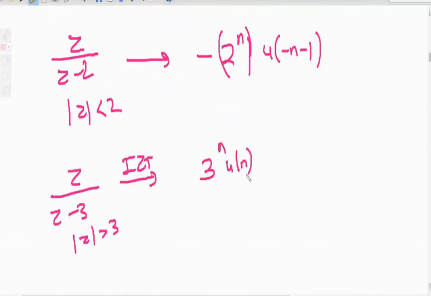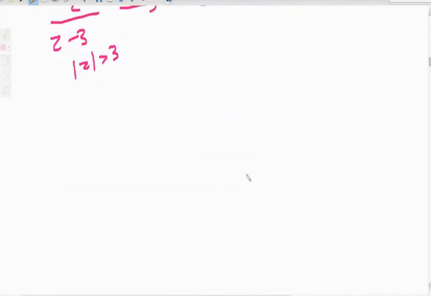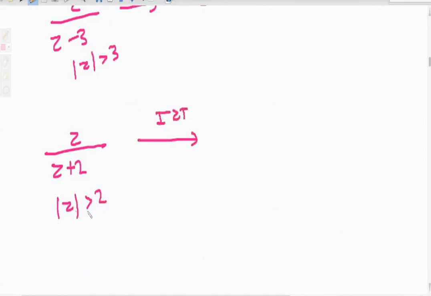Okay. Now what will be the inverse Z transform of Z upon Z plus 2? And let us say the ROC given is magnitude Z greater than 2. So its inverse Z transform will be, greater means u of n. So its inverse Z transform is minus 2 raised to n u of n.